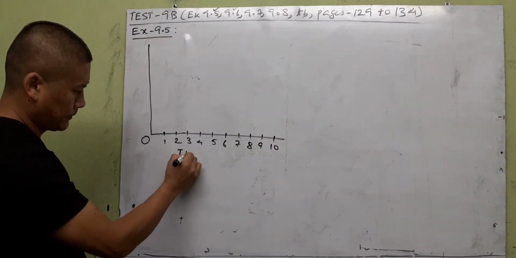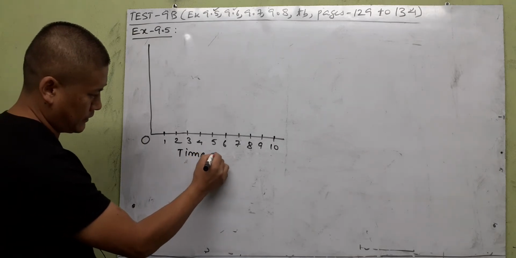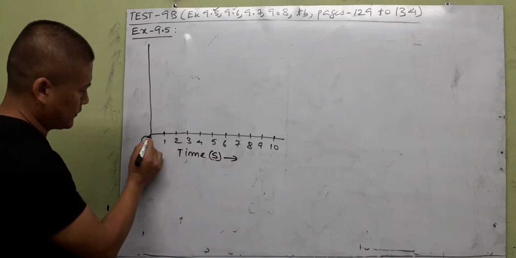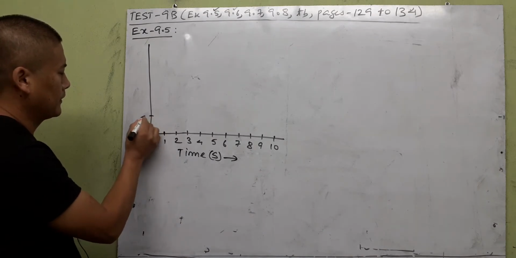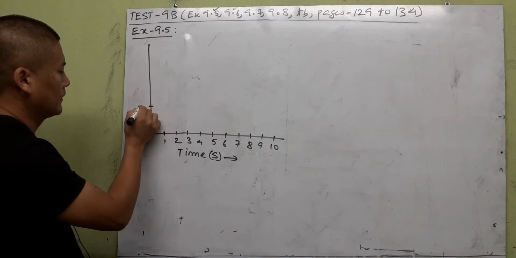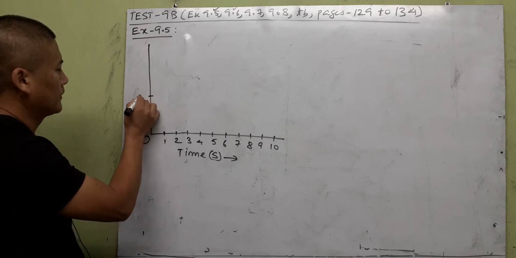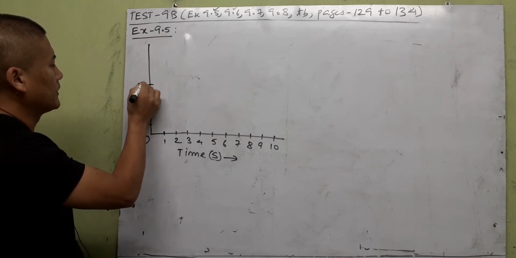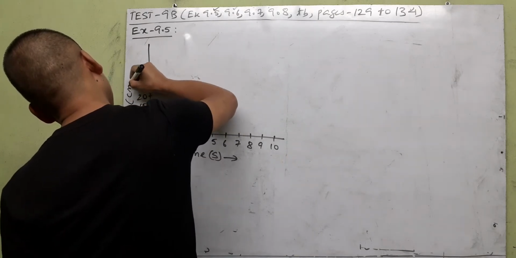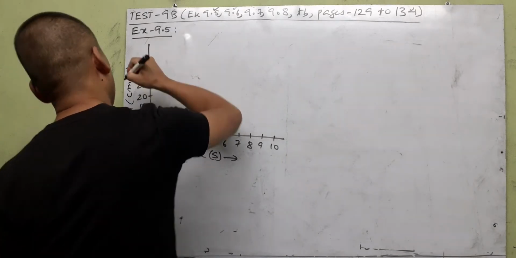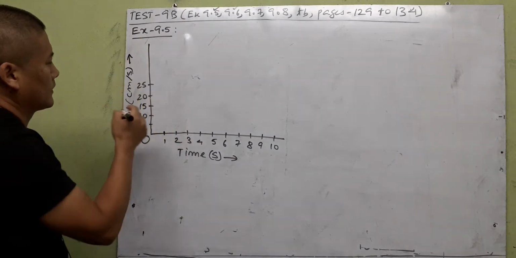So this is the time axis in seconds, running from 0 second to 10 seconds. And here 5, 10, 15, I think up to 25 is given, and this is given in the velocity in centimeter per second in this axis.